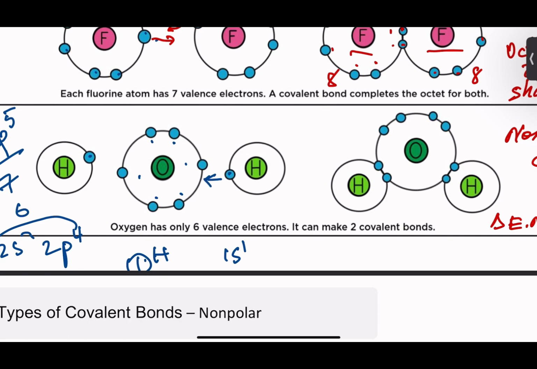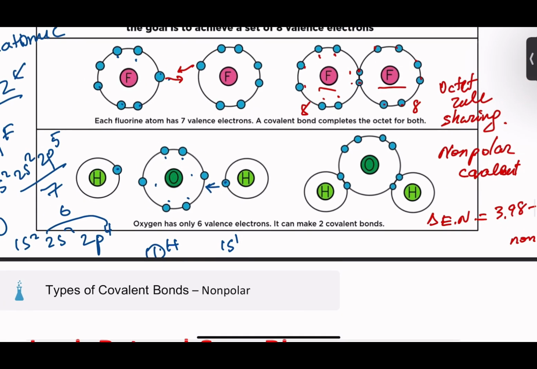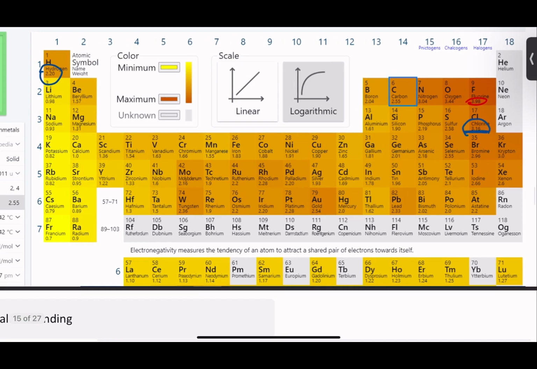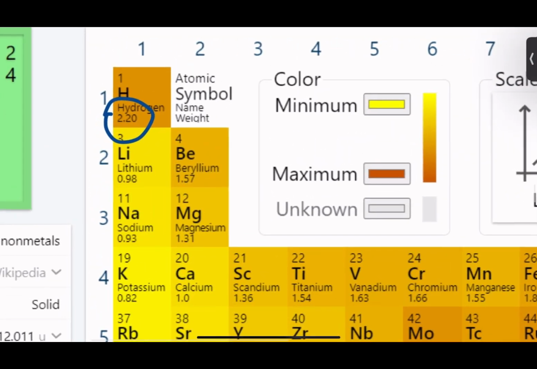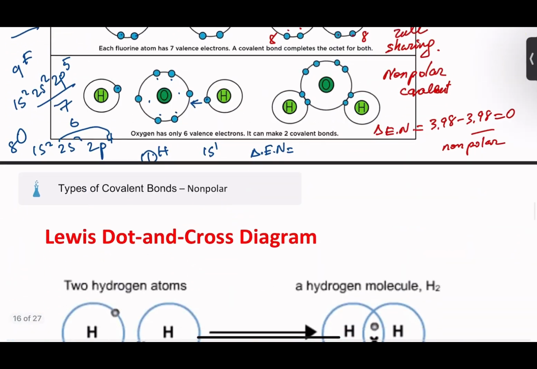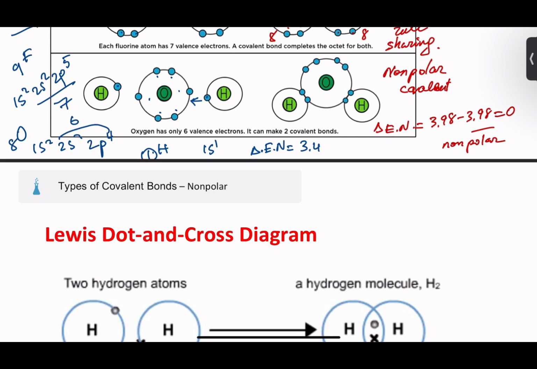The reason they share is because we're going to look at the electronegativity difference of oxygen and hydrogen. Let's look at the oxygen. Oxygen is here, right? You see it, the number 3.44, and the hydrogen is 2.2. So 3.44 minus 2.2 will be 1.24.